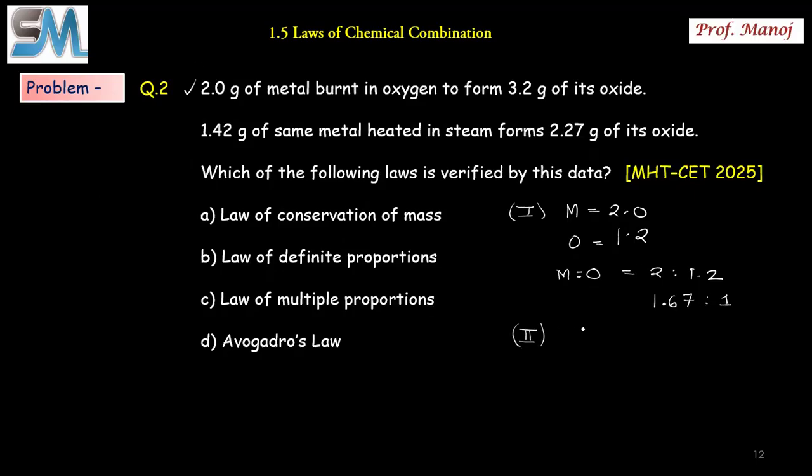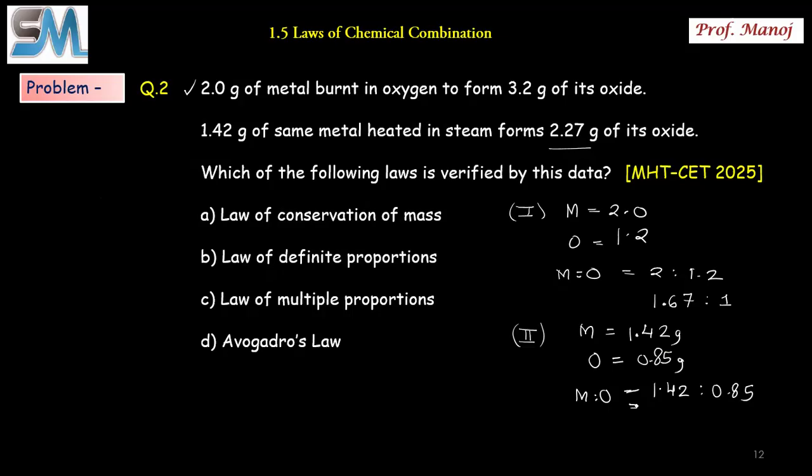Let us quickly go for case number 2 and find out the similar calculations. 1.42 gram of metal forms 2.27 gram of oxide. So we can subtract these two and get the oxygen amount as 0.85 gram. So this is going to be 1.42 is to 0.85.